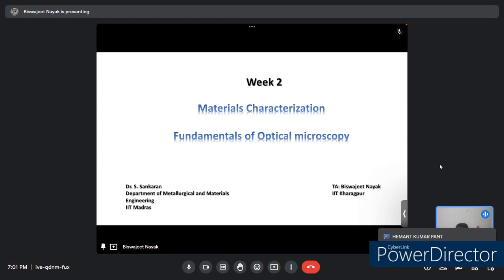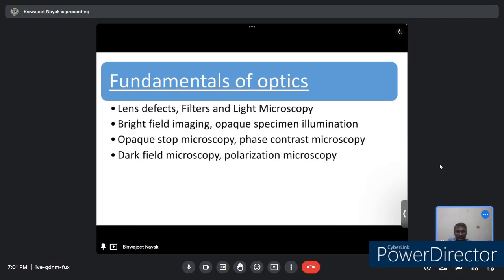So, in today's lecture, I'm going to discuss the lens defects.